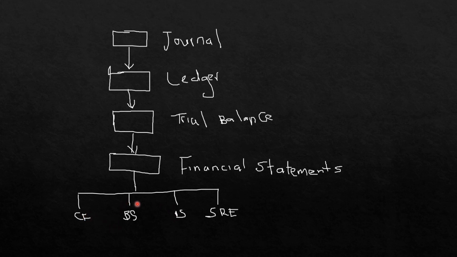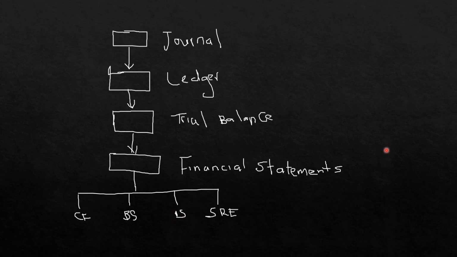Balance sheet shows the assets of the company as well as the liabilities of the company. So if you want to know whether the assets of the company are much more than the liabilities, you use the balance sheet. Income statement shows profit and loss.